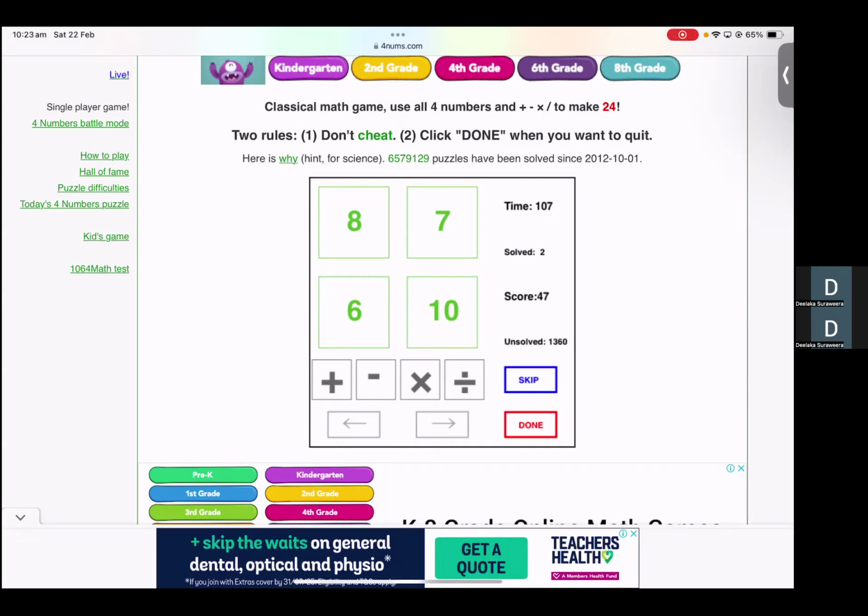Okay, done. Whoa. 10 minus 7 is 36. Wait. No, I had the answer. 26. Damn it. Wait, I think I've done it now. Okay. 10 minus 6 is 4. 7 minus 4 is 3. 8 times 3 is 24. Oh, okay. Yeah, that's what I had before. I just lost it.